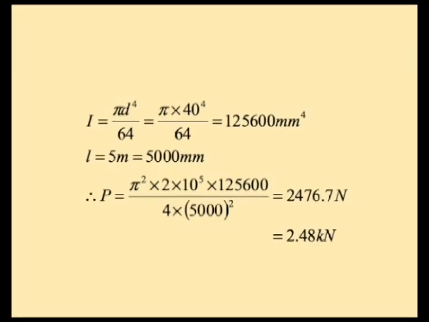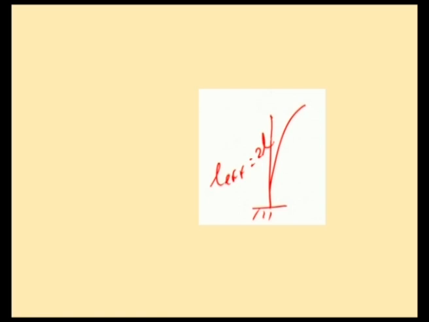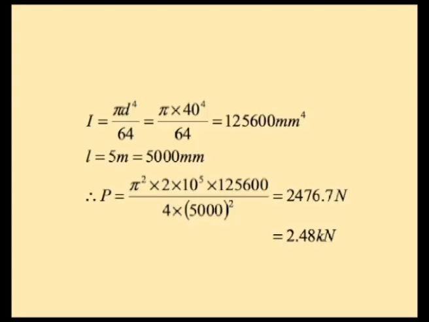So, we have the E value, we have the L value, the length is available, and then the I value, the moment of inertia. It is a steel rod, so a circular cross section. It is 5 meters long, and the diameter of the rod is 40 mm. The moment of inertia of a circular section will be pi d power 4 by 64.